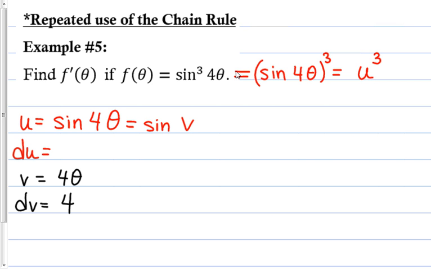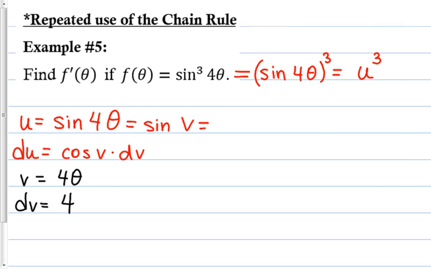The derivative of sine v is cosine v, but because it's a chain rule, times dv. The derivative of the outside times the derivative of the inside. All right, now the v's and the u's, we should understand that they don't actually exist. So please, plug in what u and what v are supposed to be before going all crazy, right?